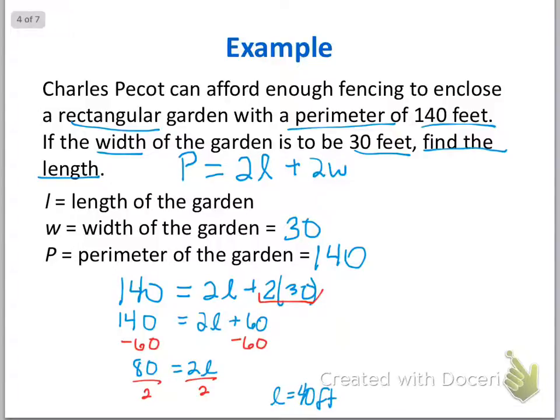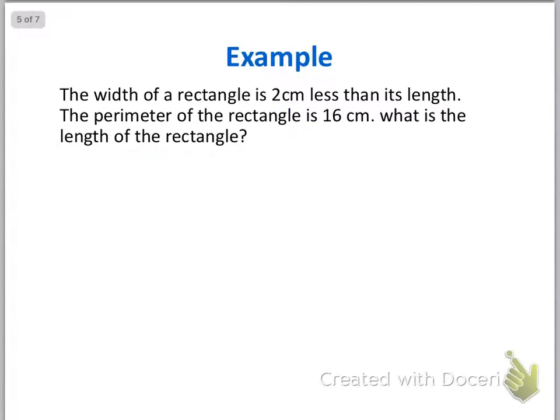All right, let's try another. This one's a little bit more complicated. This is also a perimeter problem. It says the width of a rectangle is 2 centimeters less than its length. The perimeter of the rectangle is 16 centimeters. What is the length of the rectangle? So again, we're going to use P equals 2L plus 2W.